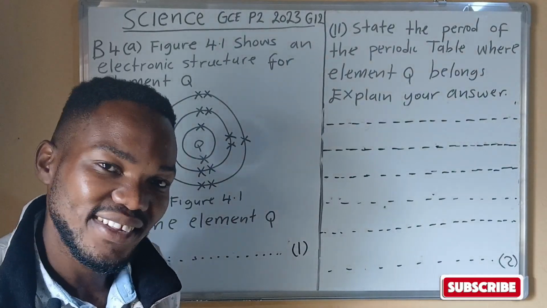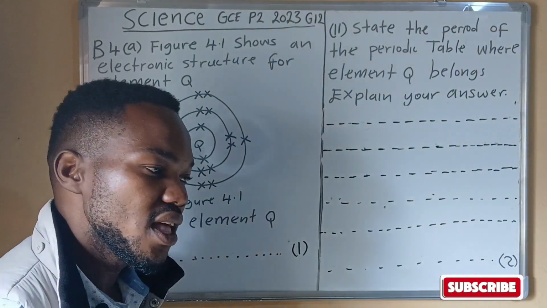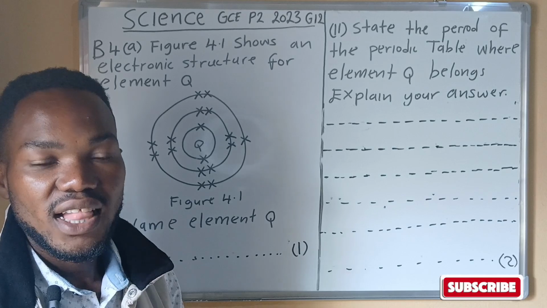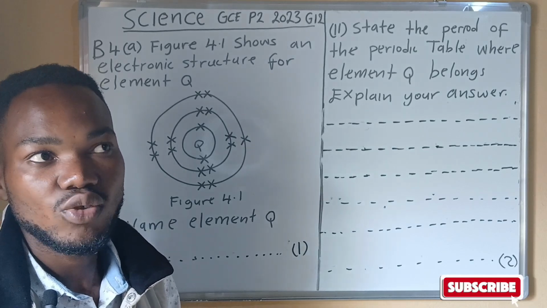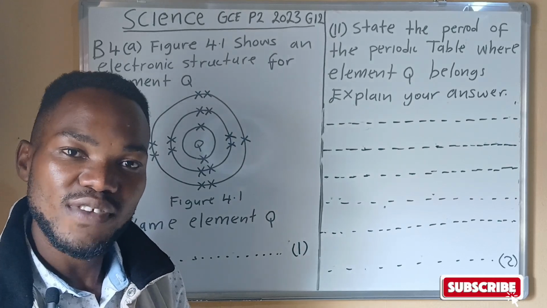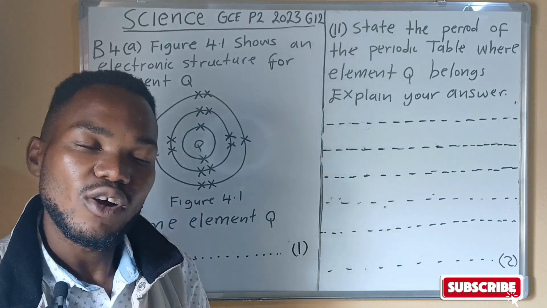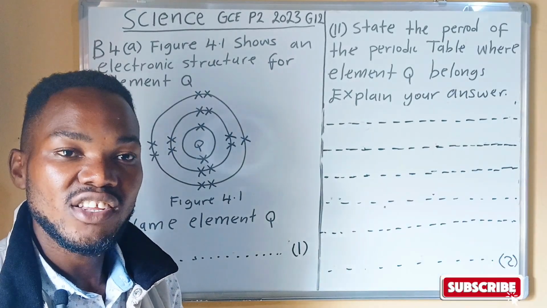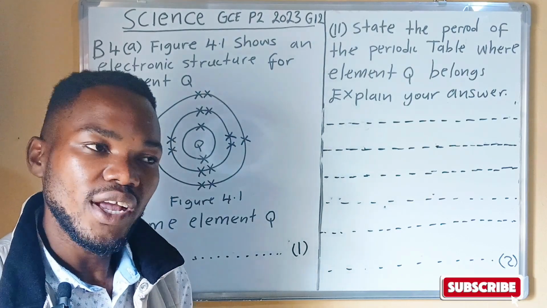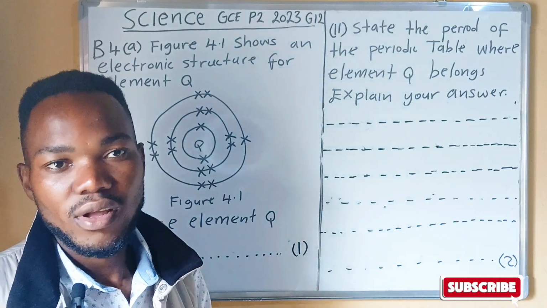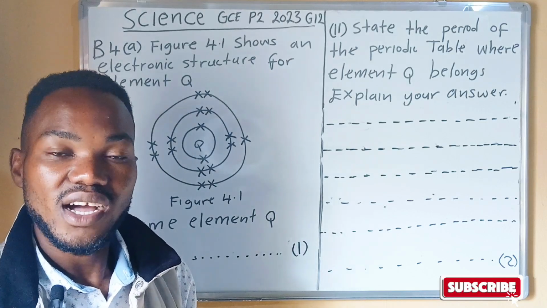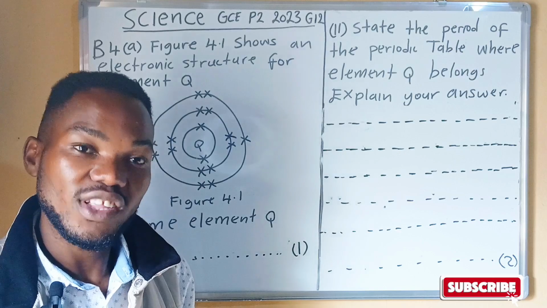You must always understand that the first shell takes two electrons. Then, starting from the second shell going up, when you are preparing an electronic configuration of an atom, the electrons in each shell add up to a maximum of 8. That's the total, so it can't go more than 8.